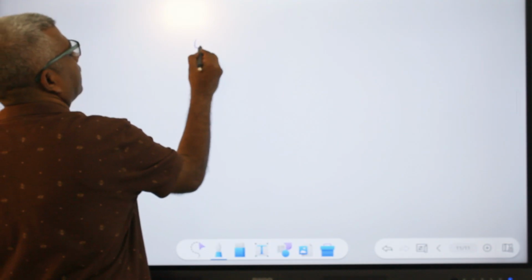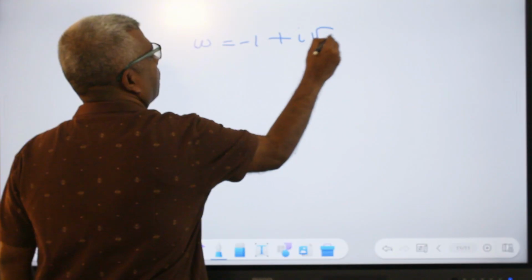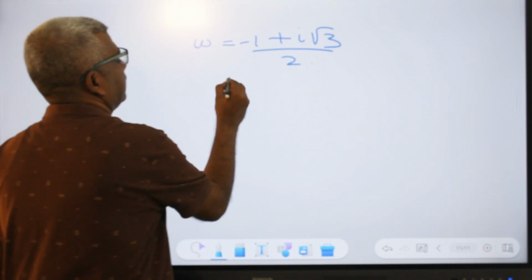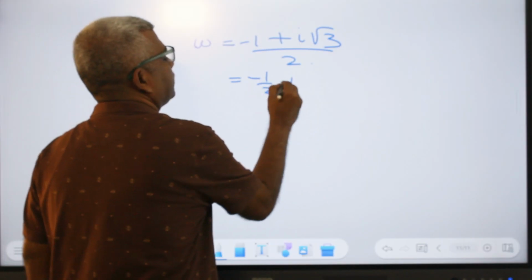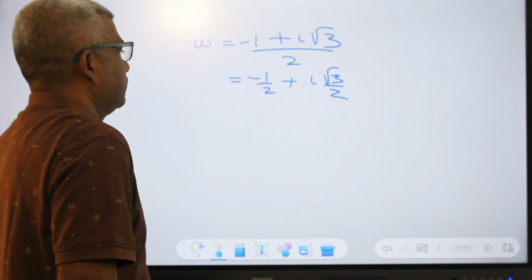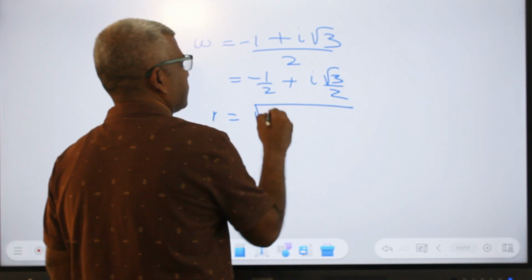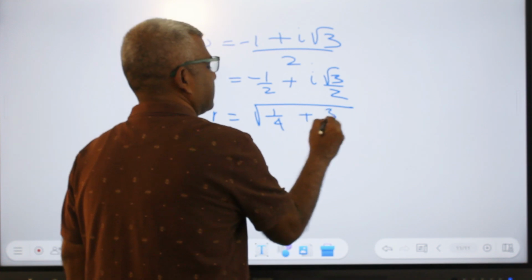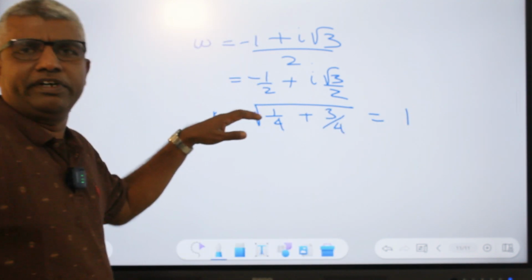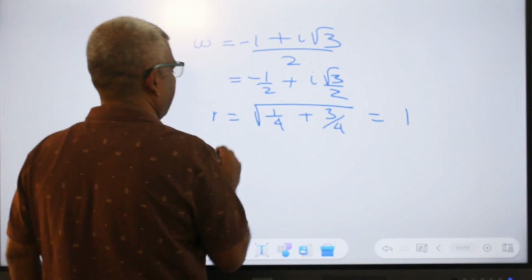Next, the second root: minus 1 plus i root 3 by 2. It is nothing but minus 1 by 2 plus i root 3 by 2. What is r? r is the square root of a squared plus b squared, 1 by 4 plus 3 by 4, which is 4 by 4, so 1. We need not know r for the argument, but it is better to learn r also.